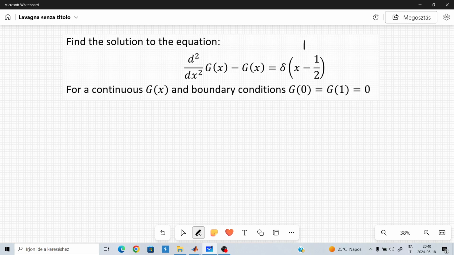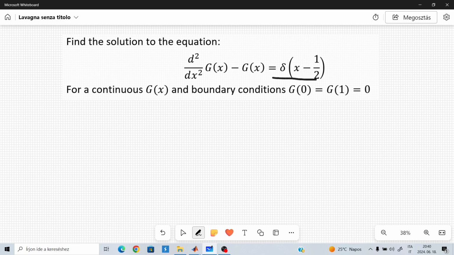You can understand that the Dirac delta is equal to 0 almost everywhere except at x equal to 1/2. So basically, this differential equation is almost coincident with the following differential equation, where this is equal to 0. And this is true almost everywhere, except at x equal to 1/2. So this is just the intuition.